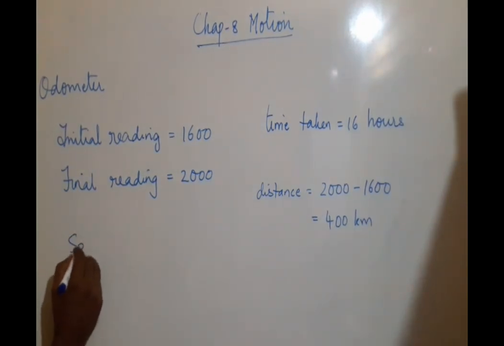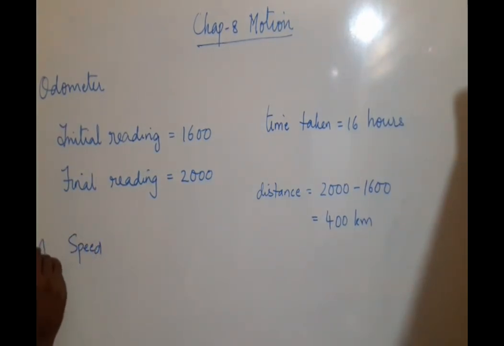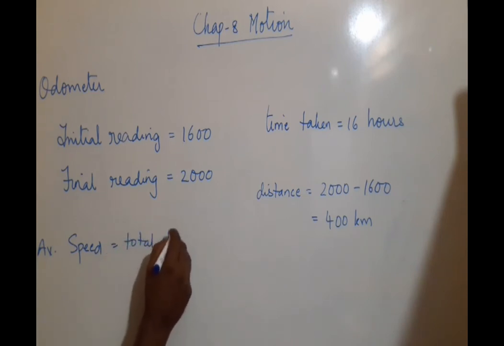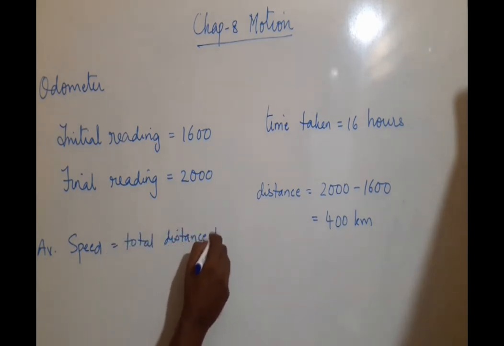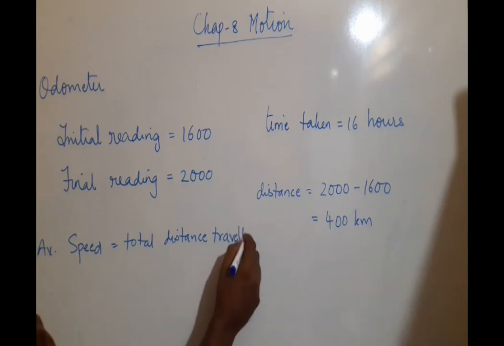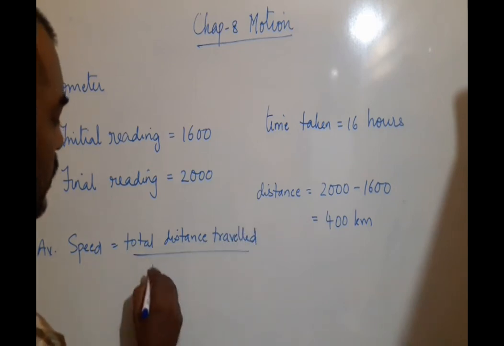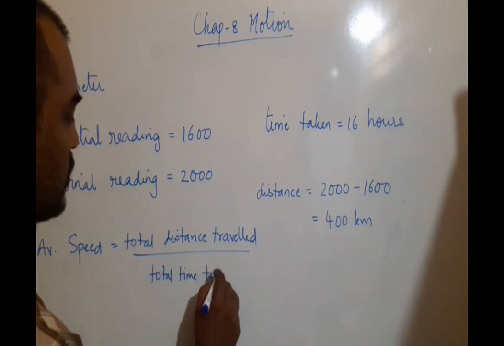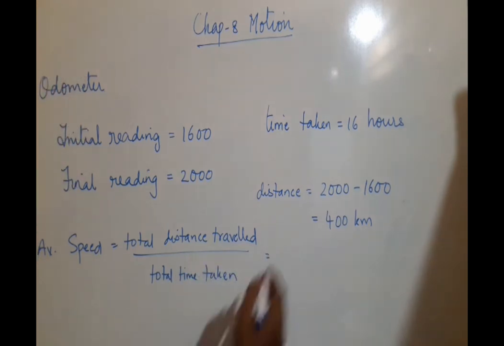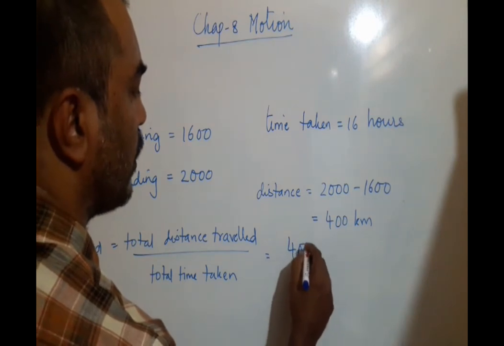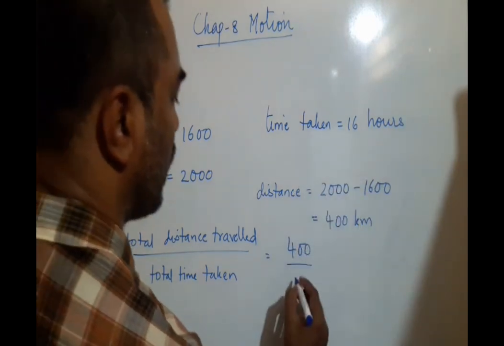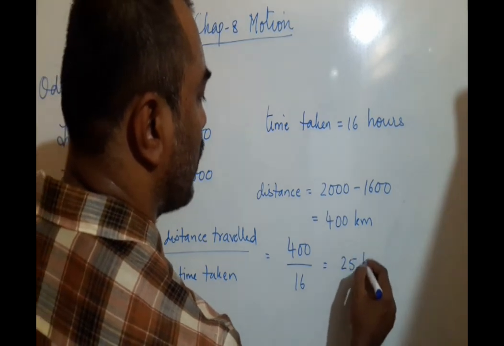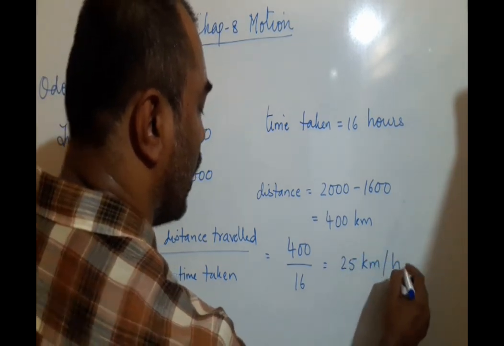Now what is the formula for average speed? Total distance traveled upon total time taken. In this case, the total distance traveled was 400 kilometer. Total time taken was 16 hours. So the average speed is 25 kilometer per hour.